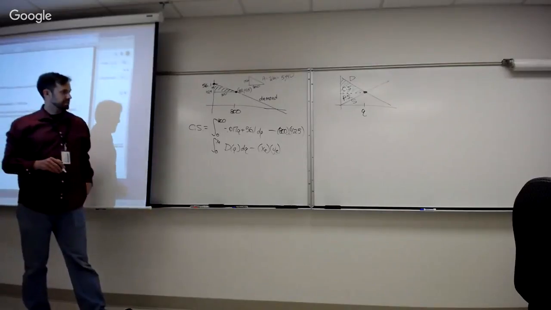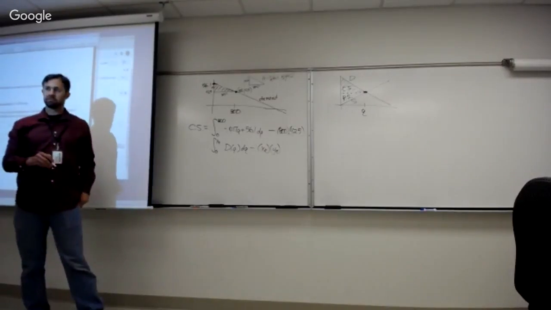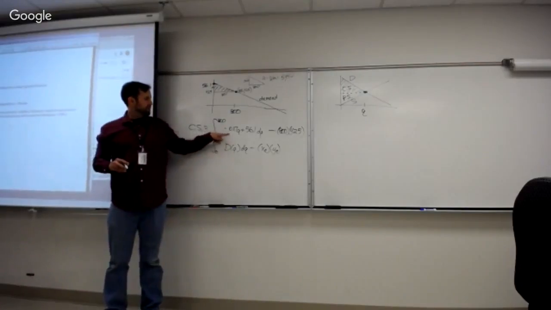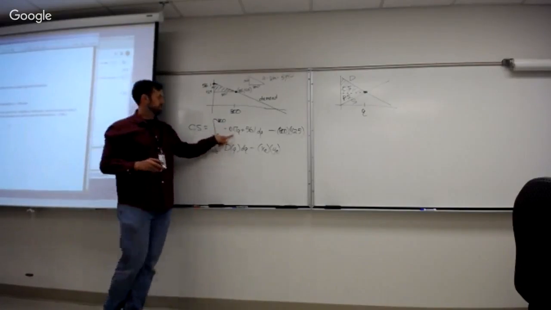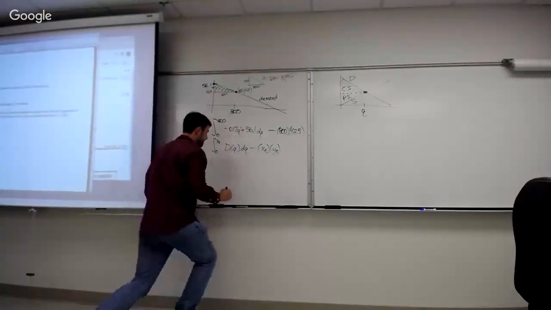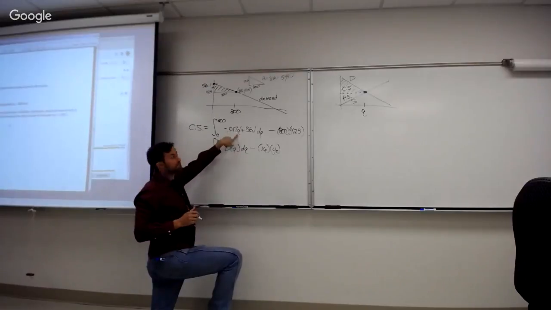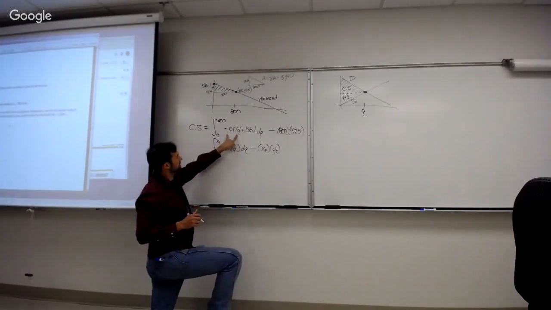Okay. So at this point, it's just a matter of doing that integral. What's the antiderivative of negative 0.017Q? The anti-power rule. What's the anti-power rule for negative 0.017Q to the first?